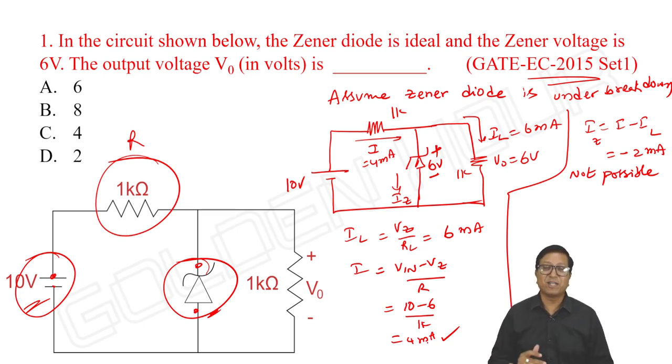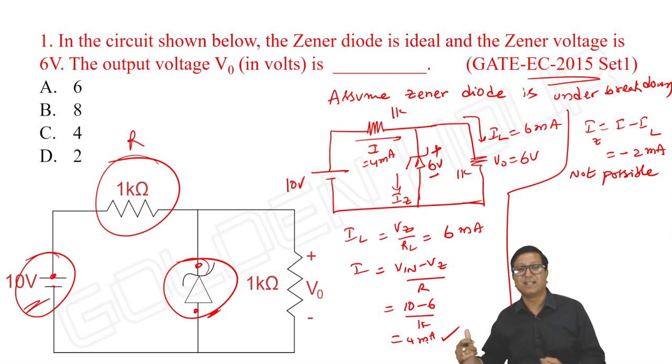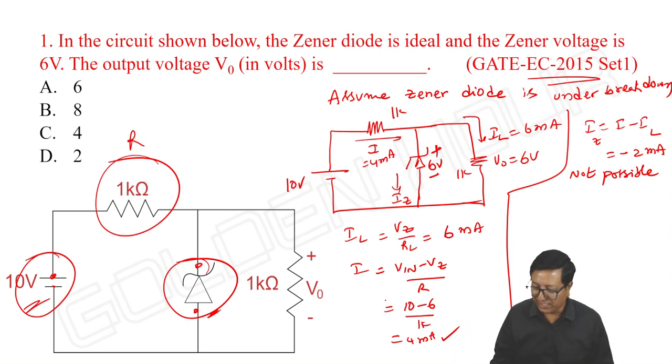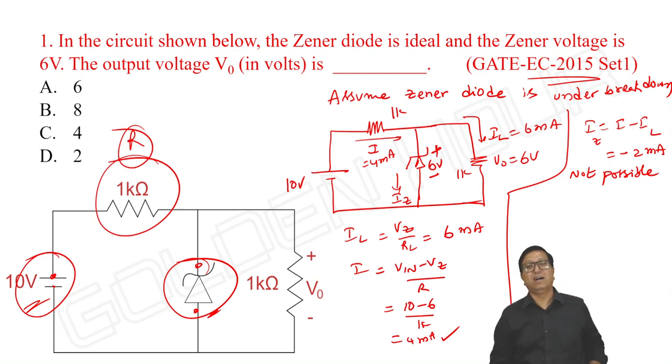That's why we are getting Iz negative. So for Iz to be positive, what should we see? I should be greater than IL. For I to be greater than IL, what I did? I reduced the value of R. Okay. So there is an upper limit for R such that current through the Zener diode should not fall below its knee current. Is it not so? There is a maximum value of R.